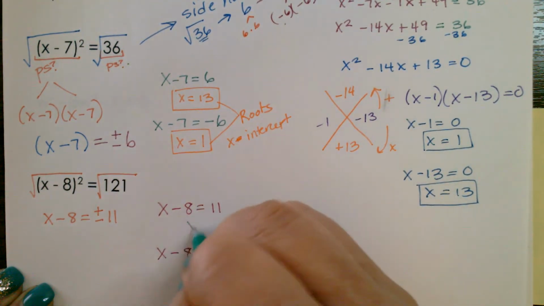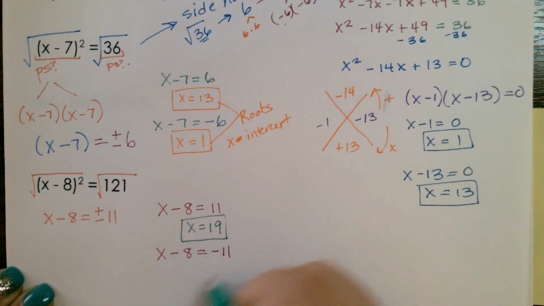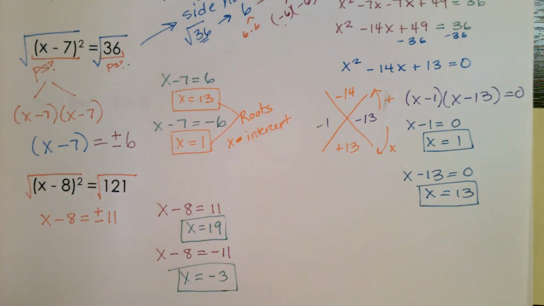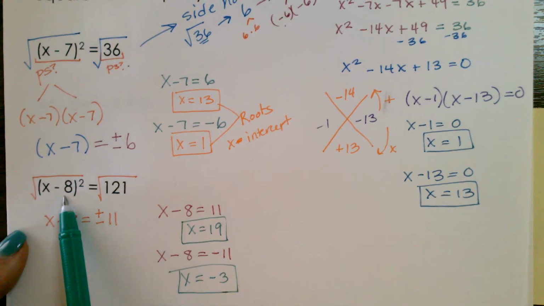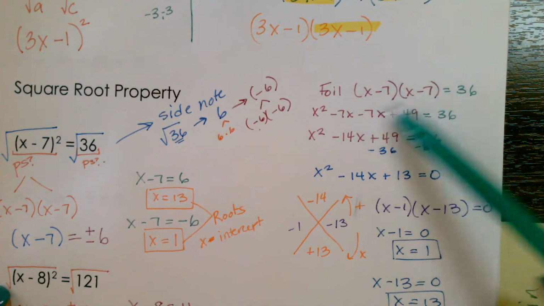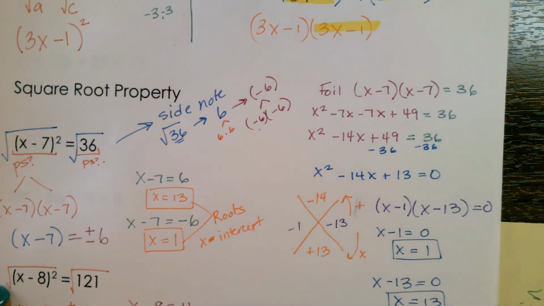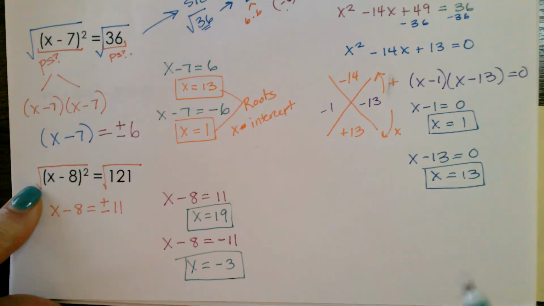Add 8 to both sides, x equals 19 as one root. Add 8 to both sides, x equals negative 3 is my second root. Again, we could do what we did over here on the side, FOIL, set it equal to 0, and we would end with the same sort of answer.